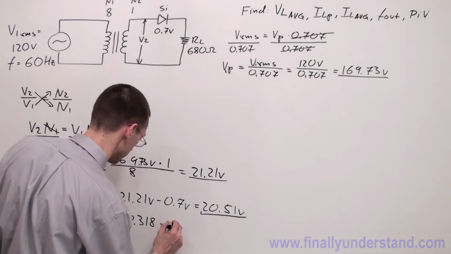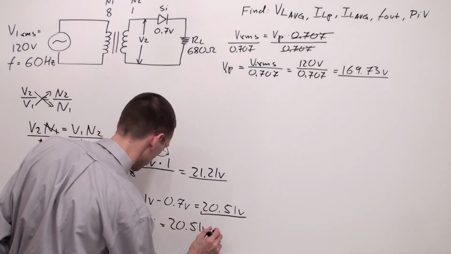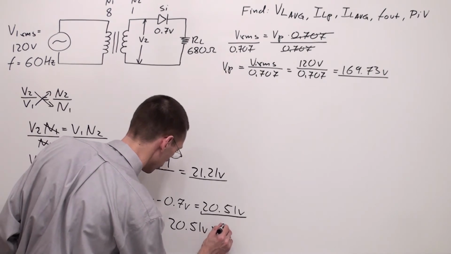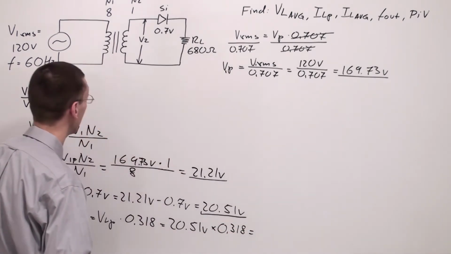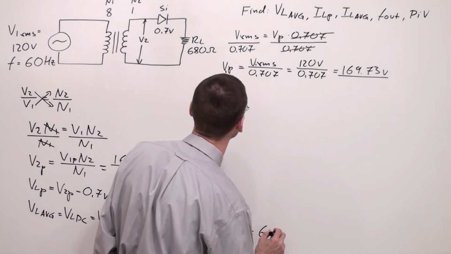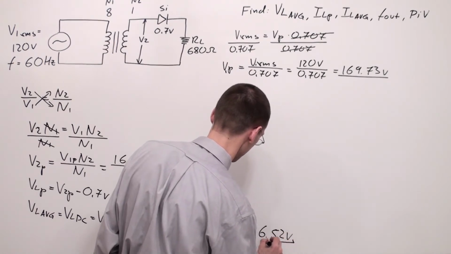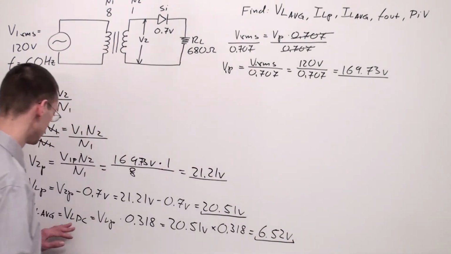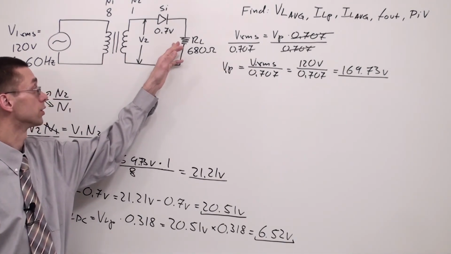VL peak is equal to 20.51 volts times 0.318, which is equal to 6.52 volts. This is my DC voltage across the resistor RL.